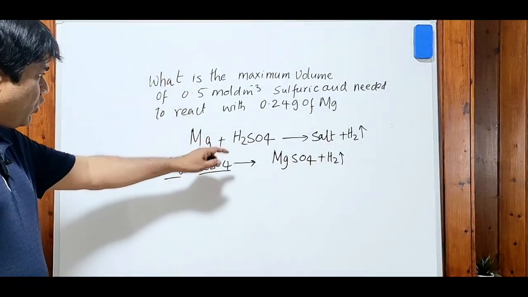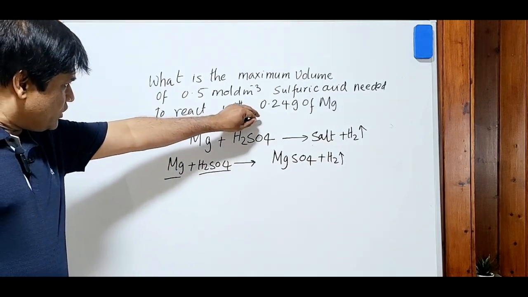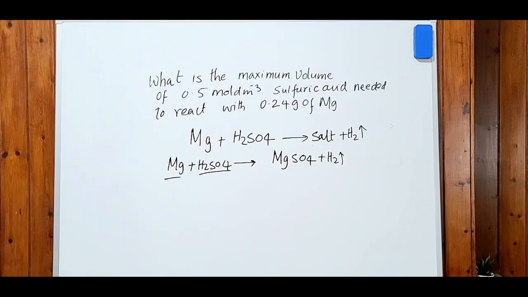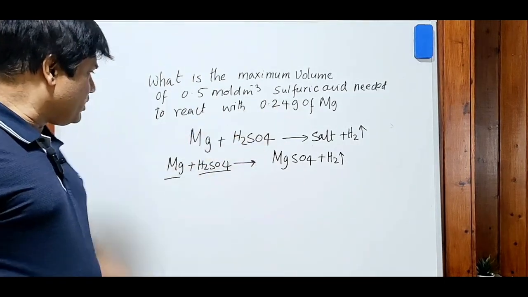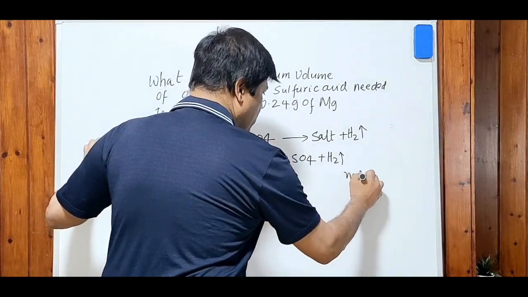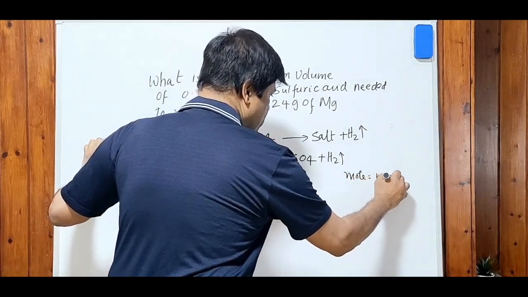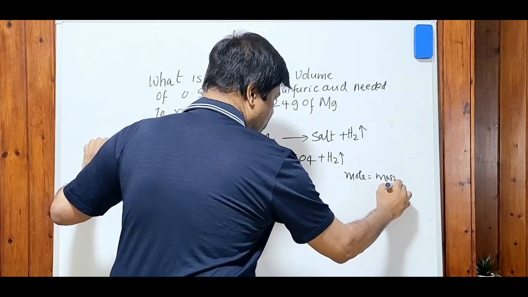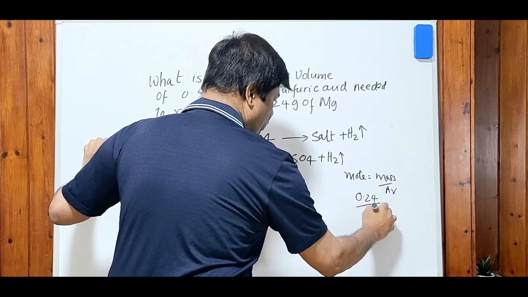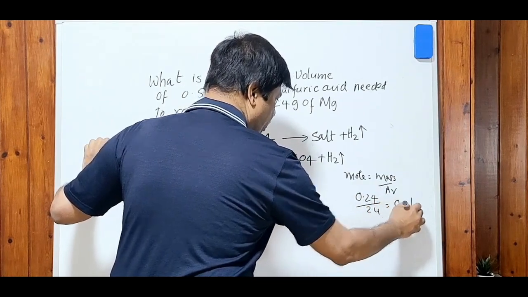With the help of all these quantities, you can figure out the mole of magnesium. Look at the mass of magnesium given. Use the formula to work out the mole of magnesium. Mole equals mass by its Ar. So 0.24 divided by 24 is 0.01 mole.